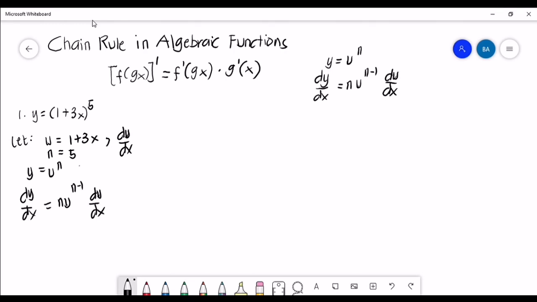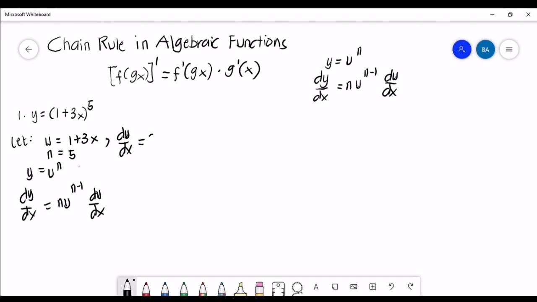Easily observing this term, 1 will become 0 because it is a constant. Also for 3x, the derivative of 3x, this is under the constant multiple rule, is equal to positive 3. So the derivative of u with respect to x, where our u is 1 plus 3x, is equal to positive 3.